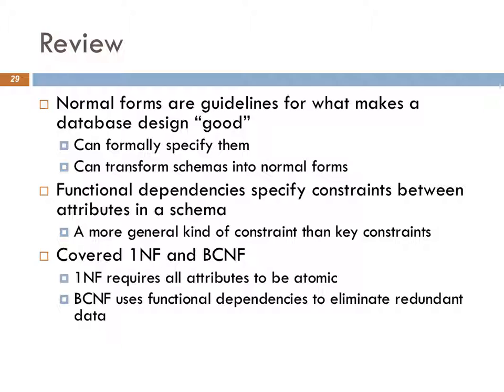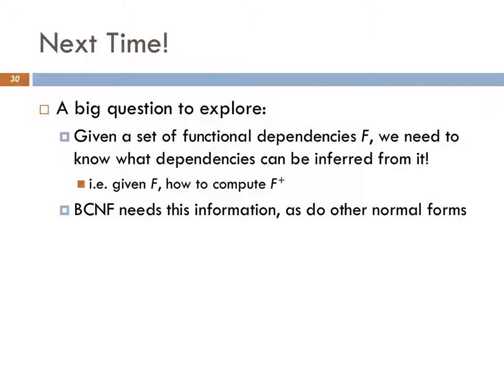We already get that in the relational model, but SQL may violate that. Boyce-Codd uses functional dependencies, and notice it says that it eliminates redundant data. It basically eliminates all data that is redundant that can be identified through functional dependencies. Okay? So if we can state a functional dependency about it, we can reason about it using Boyce-Codd, and it will be effective. Okay? So that's kind of neat.